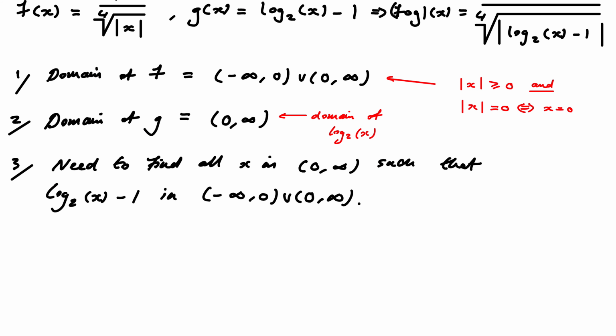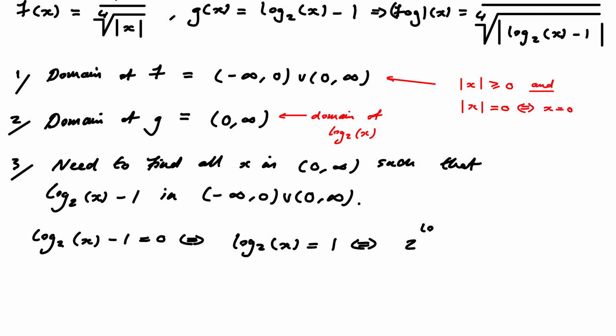So let's work out when that happens. So log to the base 2 of x minus 1 is equal to 0. This is the only potential problem. If and only if log to the base 2 of x is equal to 1. Now there are several things we can do, but let's use a cancellation property. So take both sides and put them in the exponent with base 2.